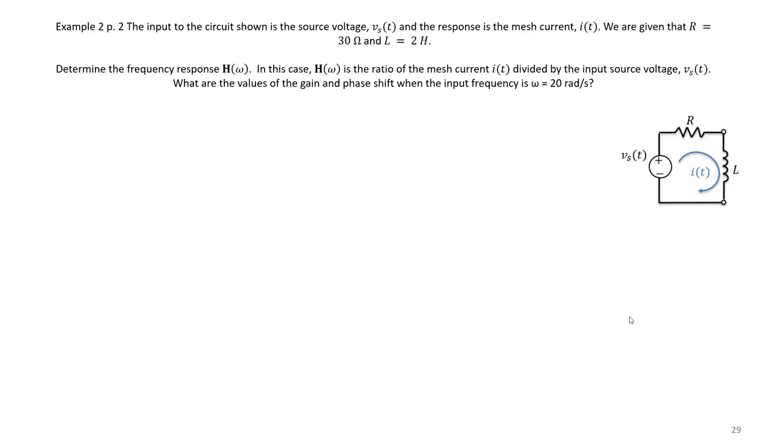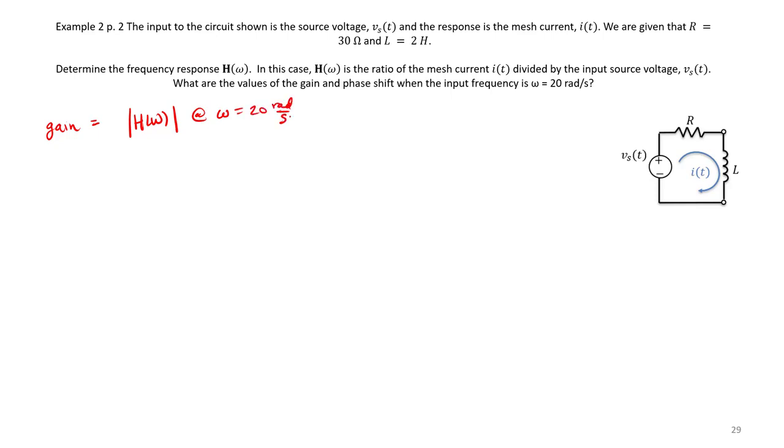So let's first remind ourselves what gain and phase shift are. Remember that gain is basically the magnitude of our frequency response. So in this case, that's gain at omega equals 20 radians per second.